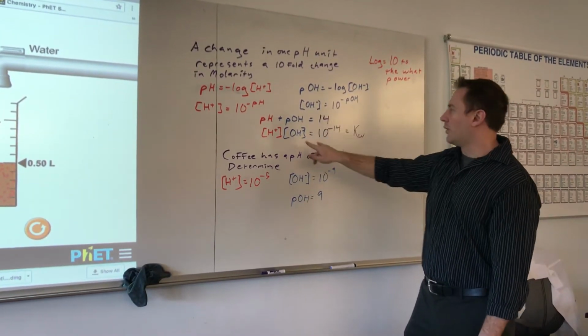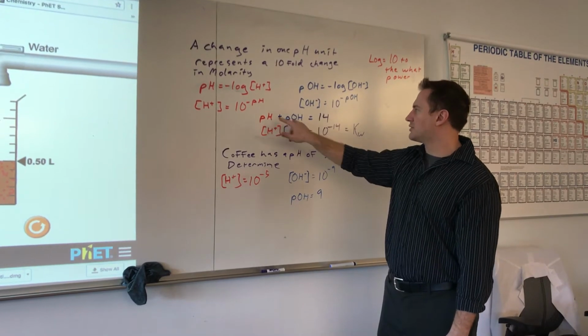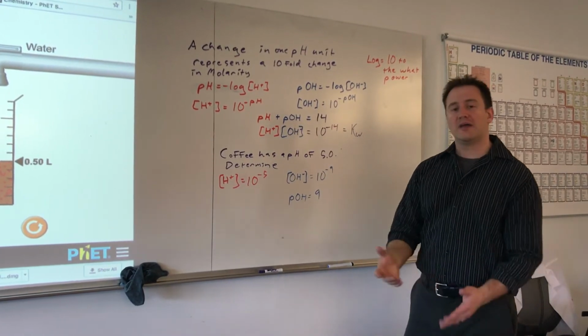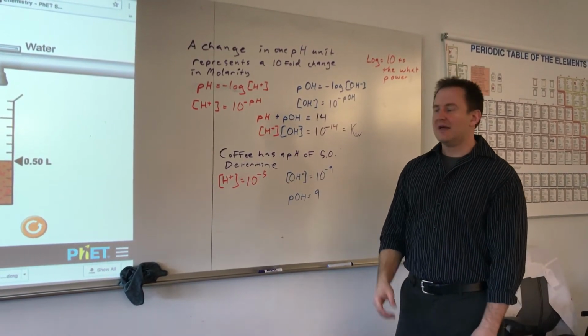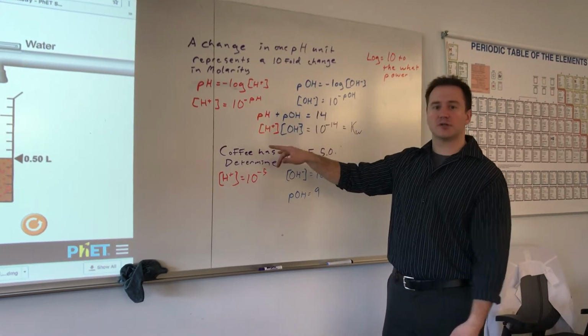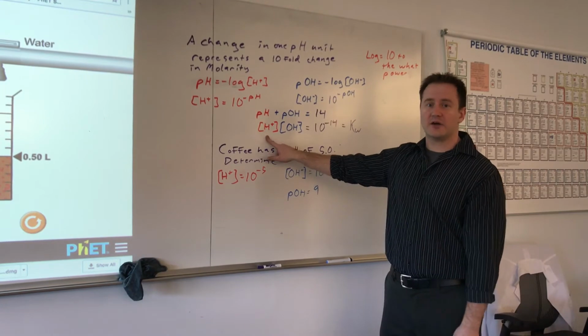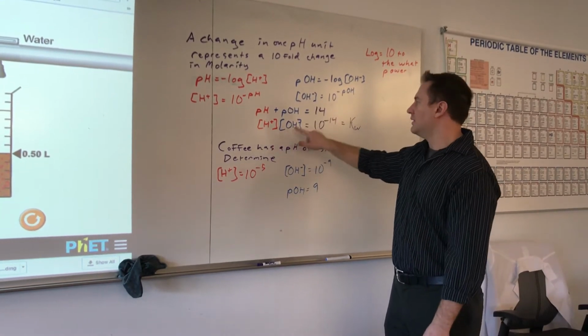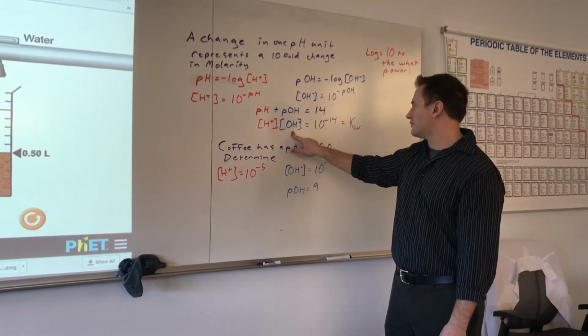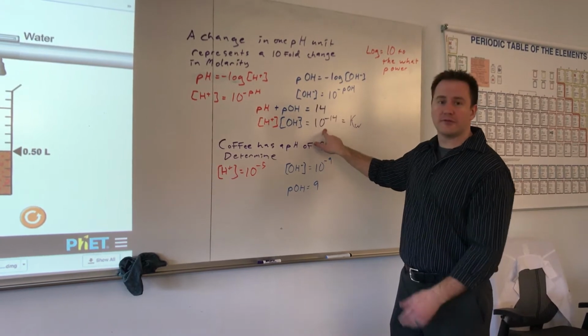Now, one thing that we know is the pH and the pOH, when you add them up, you get a value of 14. And that's because the dissociation constant, or the Kw for water, is 10 to the negative 14th. So your hydrogen ion concentration, or hydronium ion concentration, times your hydroxide concentration will always give you 10 to the negative 14th.